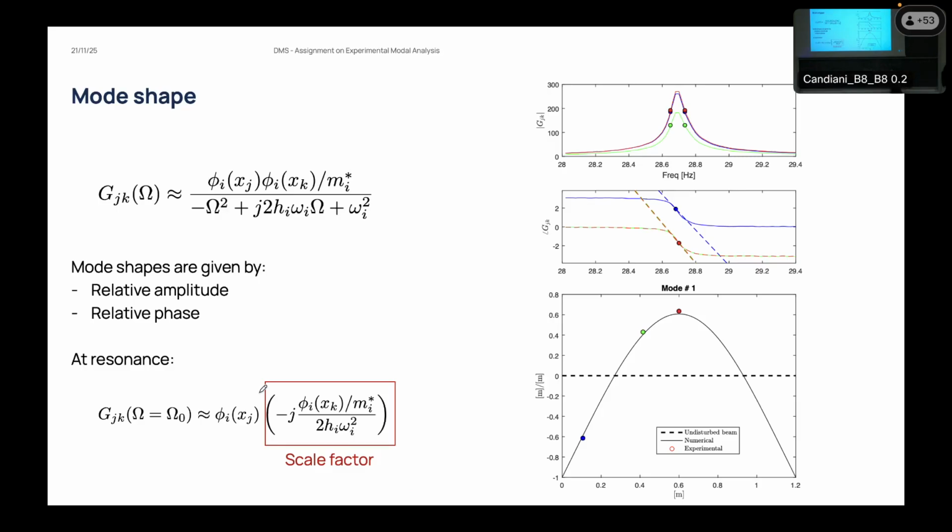If you look at this expression, it's obvious that you cannot have information except for positions k and j if you measure the frequency response function by putting an input force on k and looking at the output on j. So the best that you can do by looking at one single frequency response function is to obtain information about two locations.